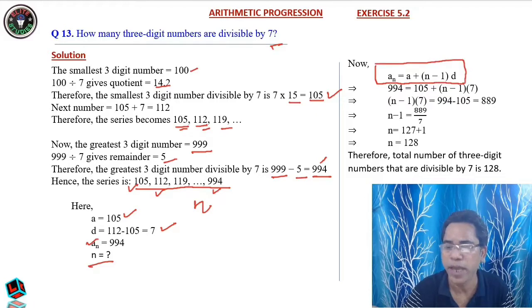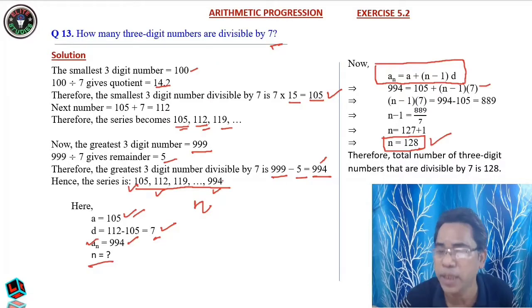So An is equal to 994, A is 105 and D is 7. By putting these values, if you solve it, we get n is equal to 128. This means from 105 to 994, there are 128 numbers which are divisible by 7. Or in other words, there are 128 3 digit numbers which are divisible by 7.